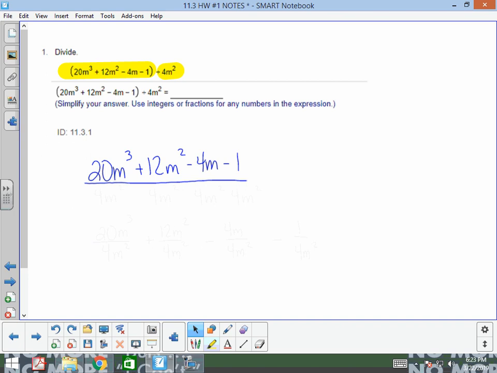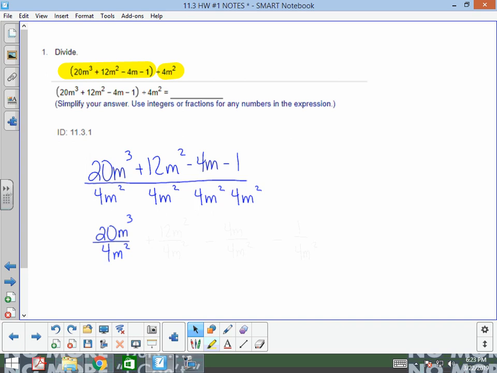And then we're going to divide by 4m squared for the first term, the second term, the third term, and the fourth term. So we're dividing each term in that polynomial by 4m squared. So what I'd like to do is show you how to separate that. So I think it's easier if we can separate it into 4 fractions.